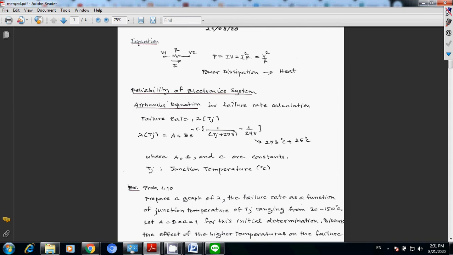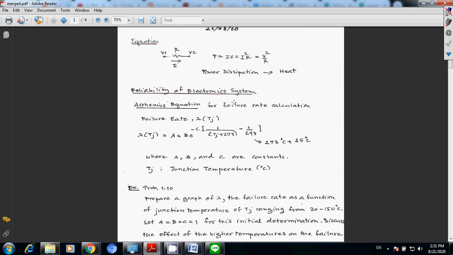And the temperature also mainly affects the failure rate. You know that, right? In a real-life electronic system, when the temperature gets higher, the failure rate is more likely to increase.